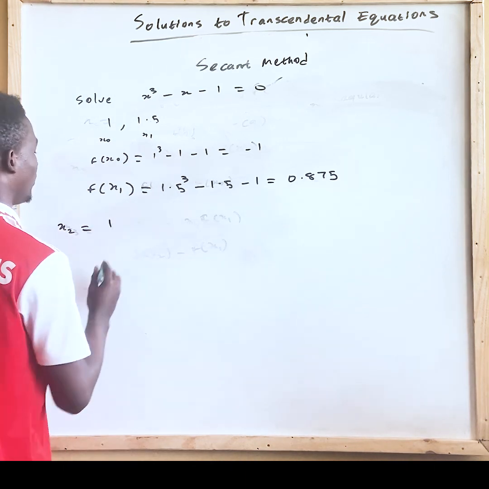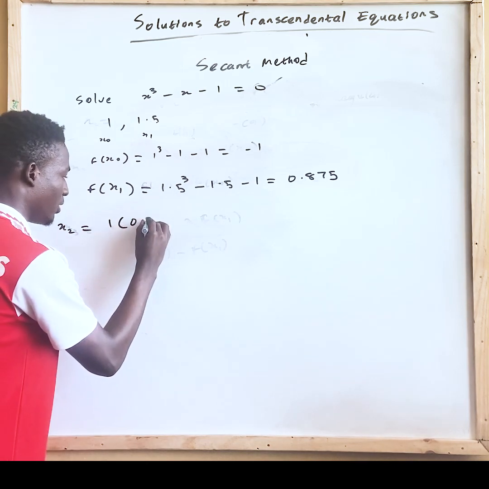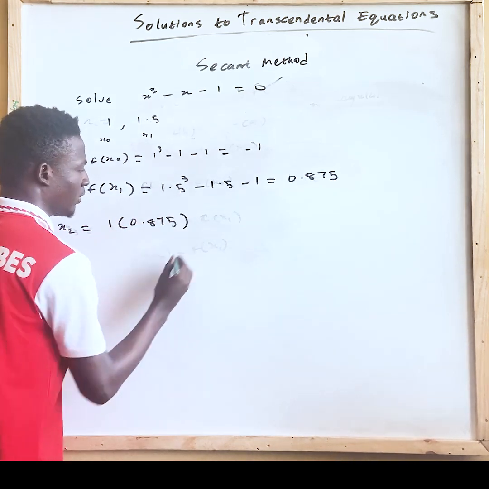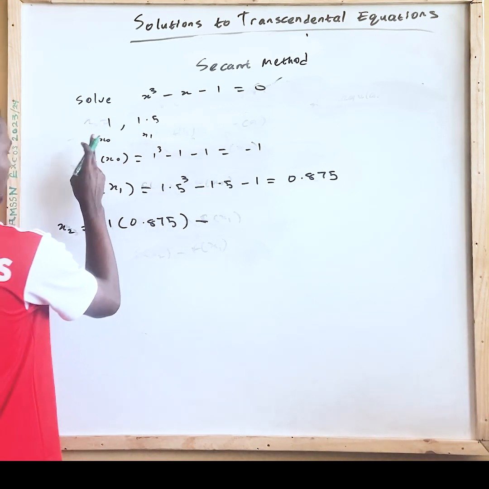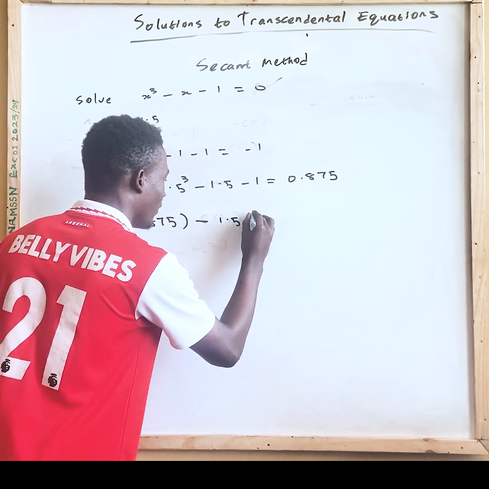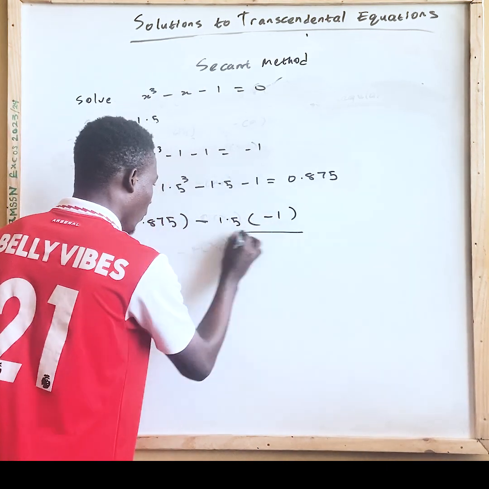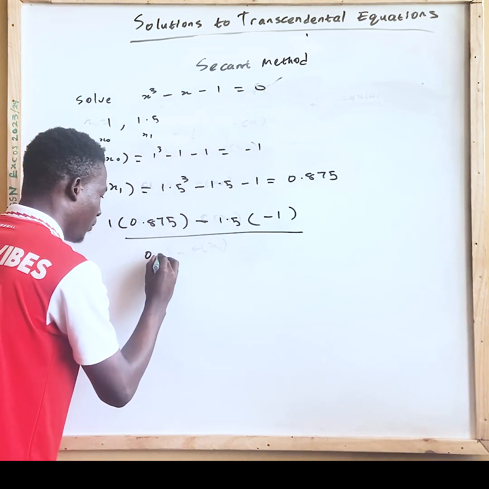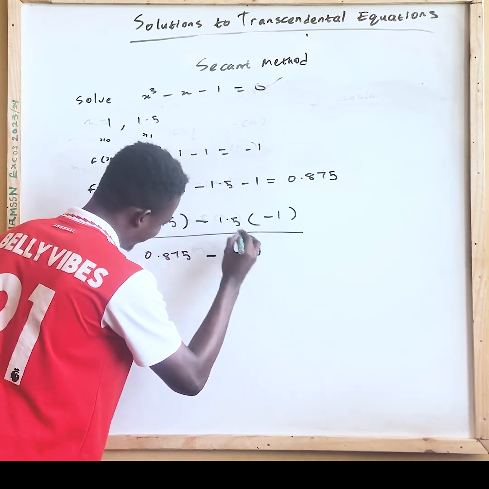Now using the secant method, you have x2 equals x0, which is 1, in brackets f of x1, 0.875, minus x1, which is 1.5, in brackets f of x0, minus 1, over 0.875 minus minus 1.